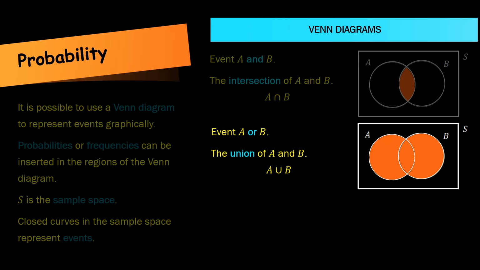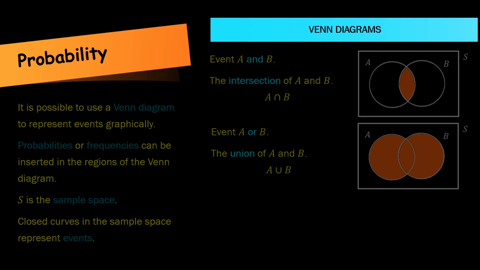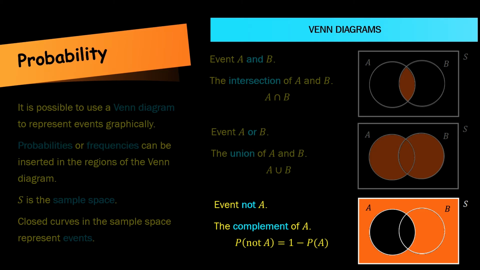This is the union of A and B, and it's denoted by A union B, where the union is denoted by a U. Event not A, or the complement of A, is denoted by this shaded region here. And in terms of probabilities, we have that probability of not A equals 1 minus the probability of A.